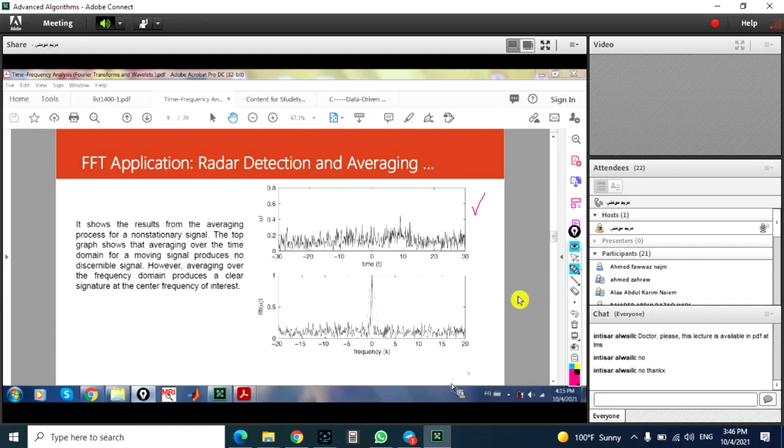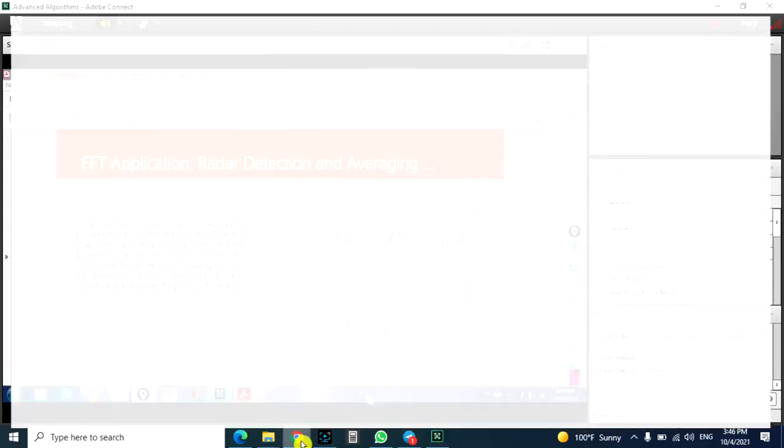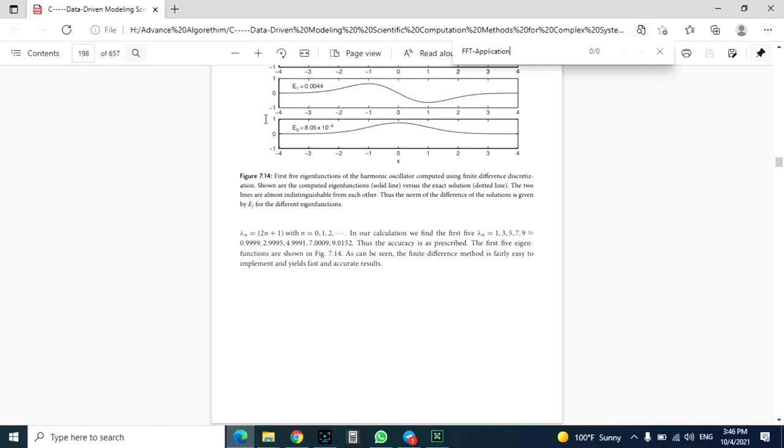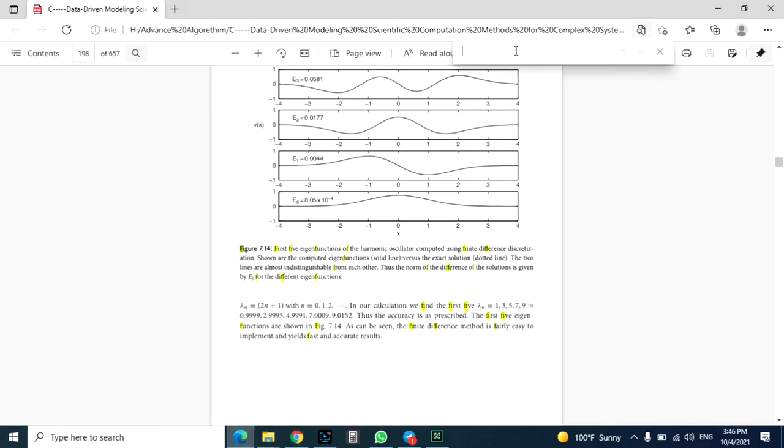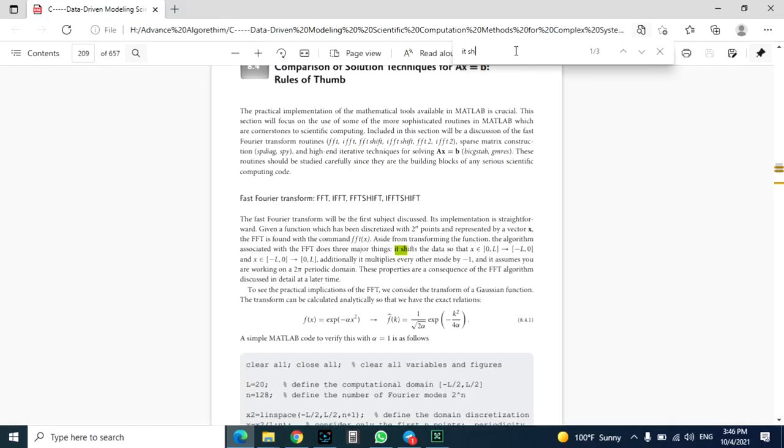But in the frequency domain, the noise can be observable, can be detectable. Okay?